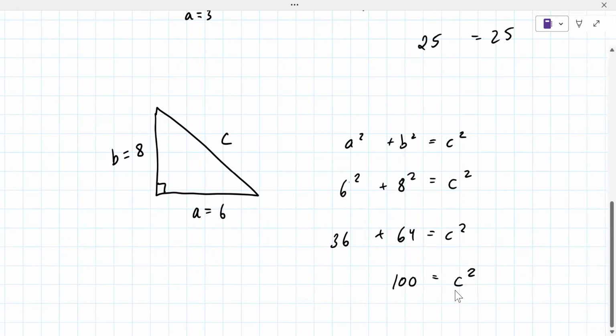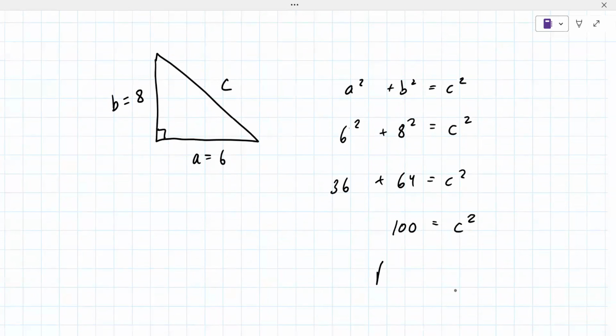So you have to take the square root. Square root. Oh, how do I do that again? Well, it's a button on your calculator. It's got kind of this look to it.